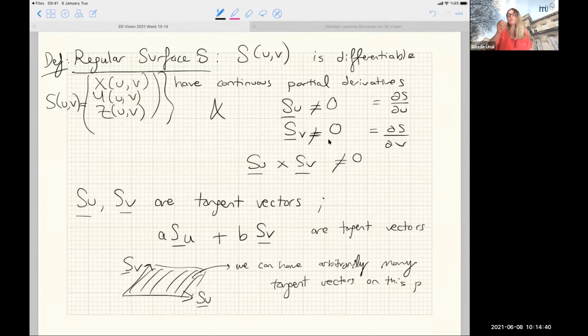But all S_u, S_v lie on this tangent plane. So taking two of them which are at least not zero and whose cross product is not zero is enough. They define my tangent plane. This is the tangent plane.